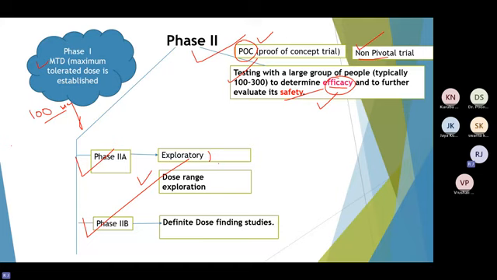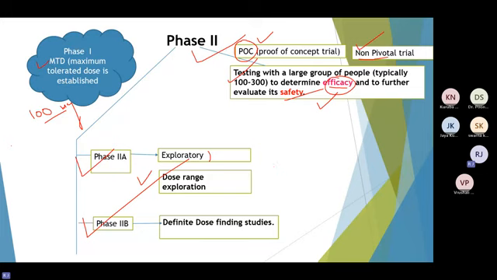So in dose range exploration, we give 10, 20, 30, 40, up to 100, and we try to see the effect. At 10 mg, 20 mg, what is the effect? Once we identify that at 60 mg, 70 mg, 80 mg the drug is showing the maximum effect, then in phase 2B, with that range of 60, 70, 80 mg, we again recruit some subjects and give that drug.